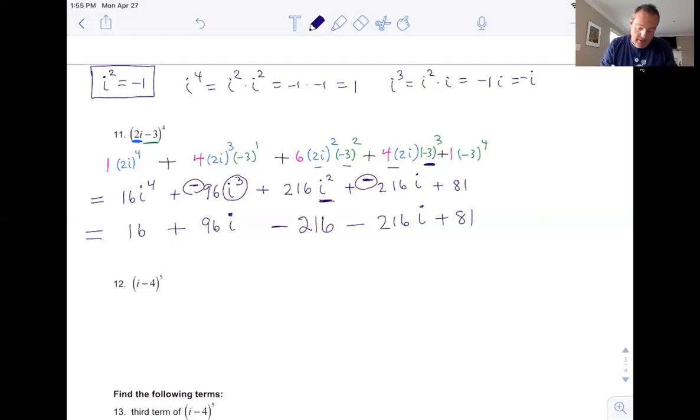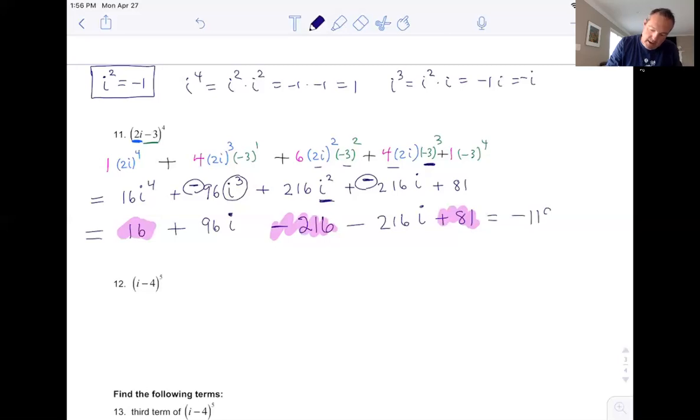Okay, finally, get your like terms together. So I think I'm going to get my real numbers together. So 16, negative 216, and positive 81. So 16 minus 216, that's a negative 200. And a negative 200 plus an 81 would give me negative 119.